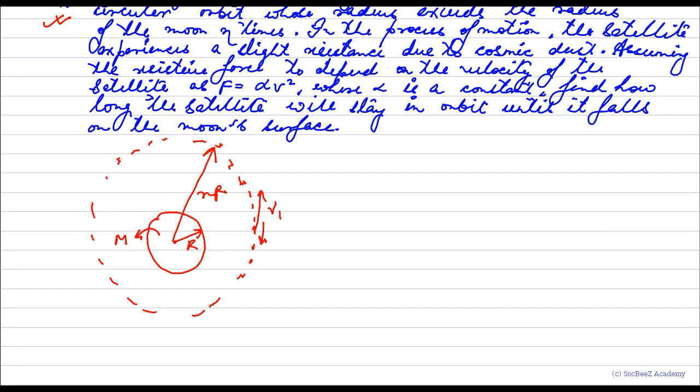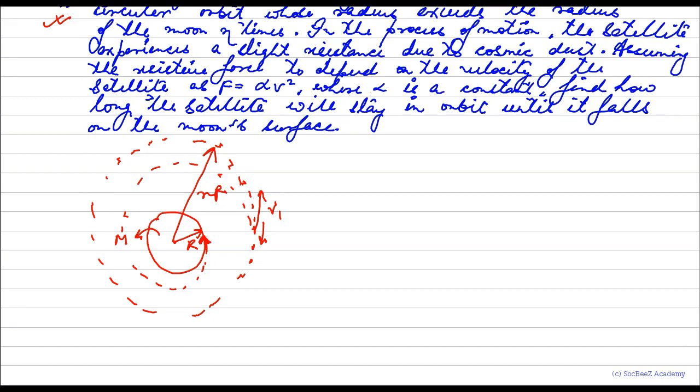Which implies that when it strikes the surface of the moon, its velocity is going to be tangential, and still it would be moving in a circular path, and the centripetal force of that circular path is going to be provided by the gravitational attraction of the moon and the satellite.